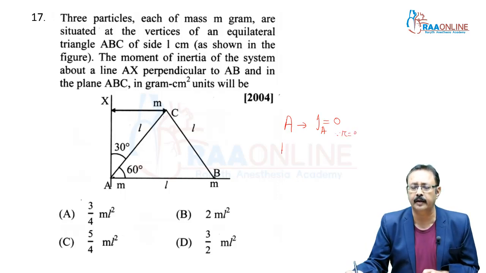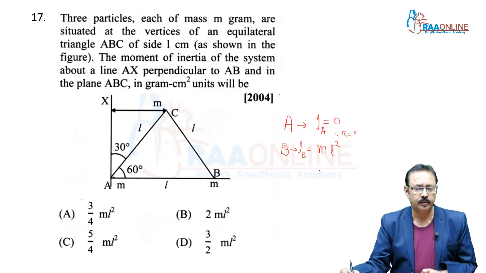Going for the particle situated at B, its moment of inertia is m times the perpendicular distance from the axis of rotation, L square. So it is mL square.